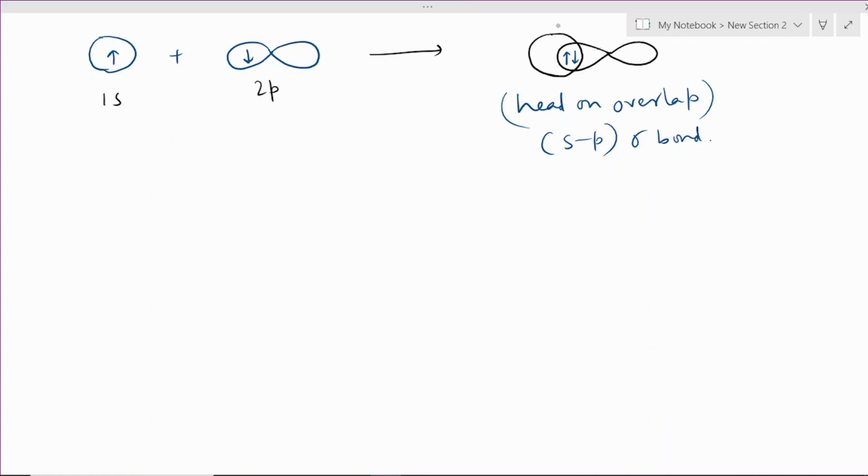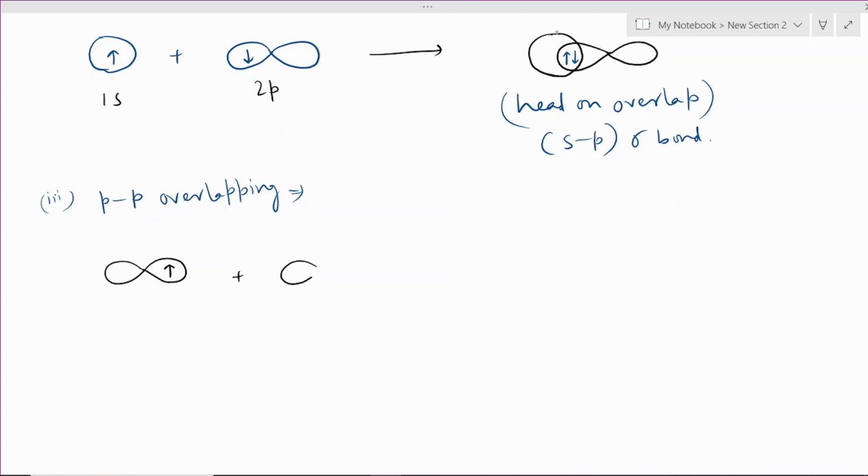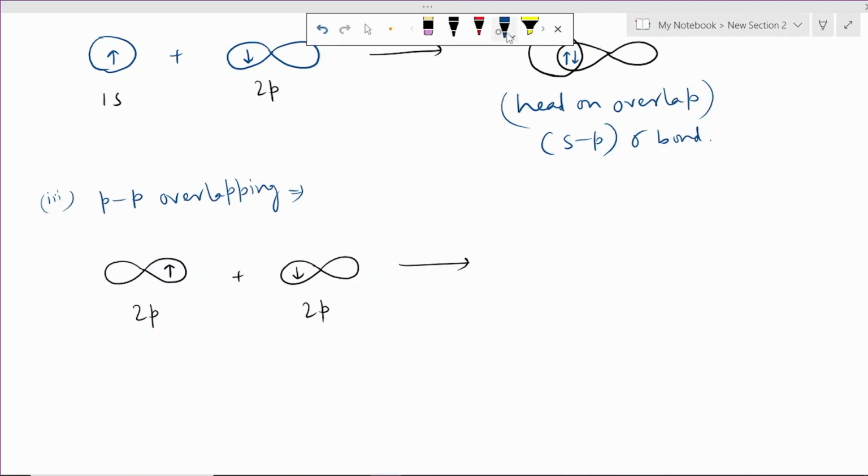Another example of head-on overlap is p-p overlap. Suppose a 2p atomic orbital is here and another 2p atomic orbital. Upon head-on overlap, a p-p sigma bond is formed.